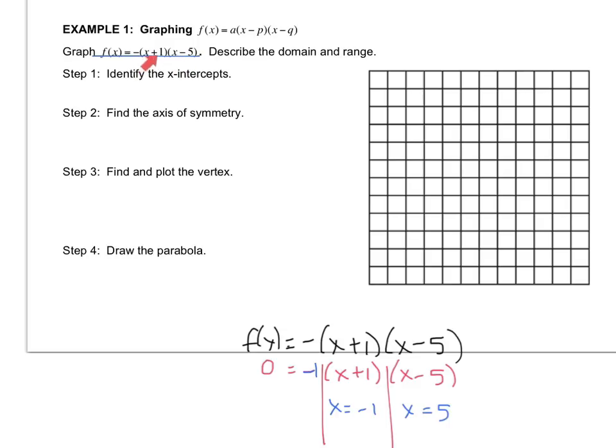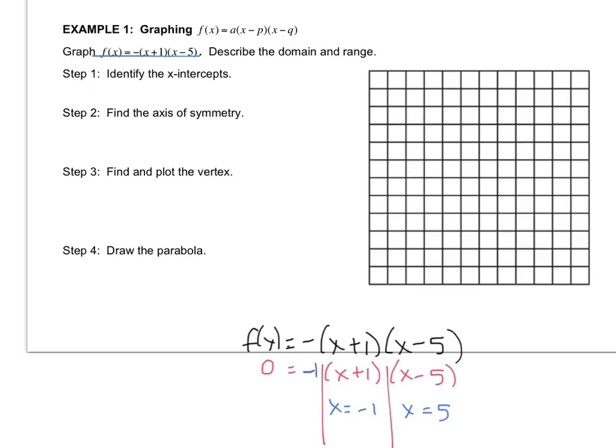So here, what makes the factor 0 is negative 1. Here, what makes the factor 0 is 5. So you don't have to go through this whole solving technique. You just have to understand that it's not 1 and negative 5. It's negative 1 and positive 5, because that's what makes the factors 0.